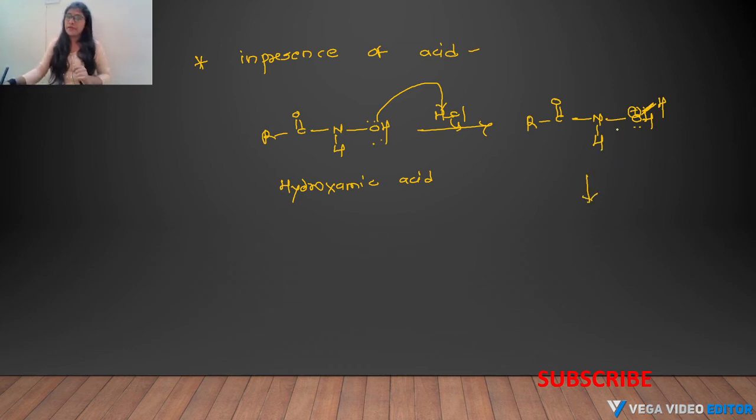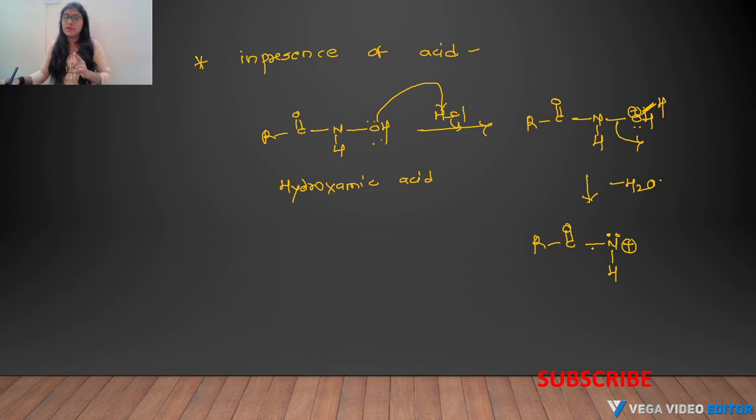Then what happens here? Dehydration takes place, water is removed. After cleavage of this bond, water is removed, and we get here RCO and H. Here charge on nitrogen is positive. Why positive?